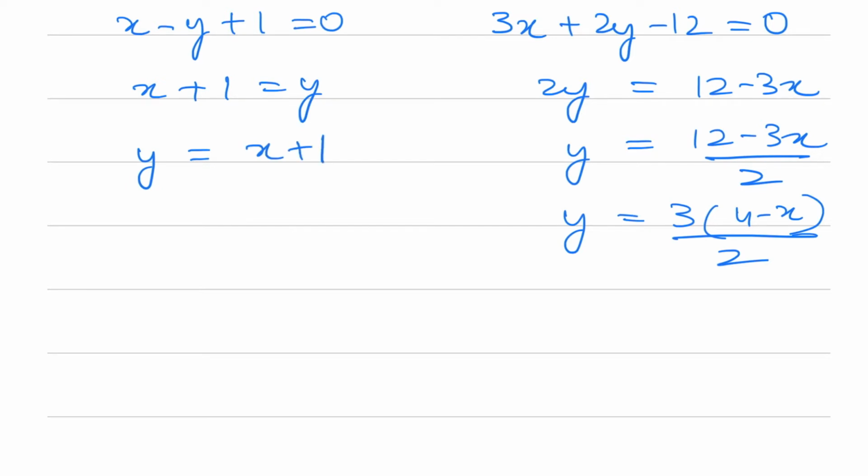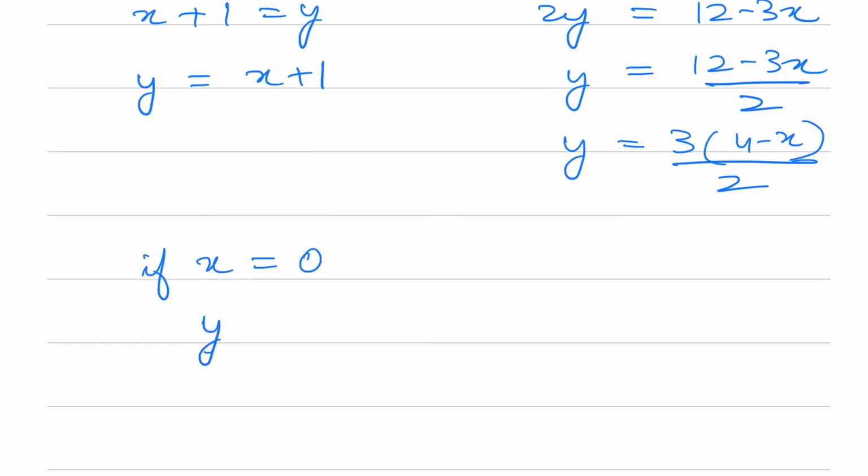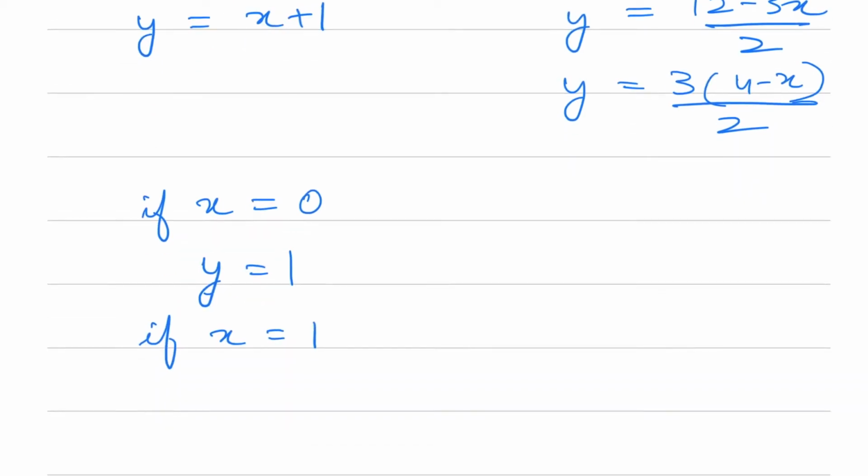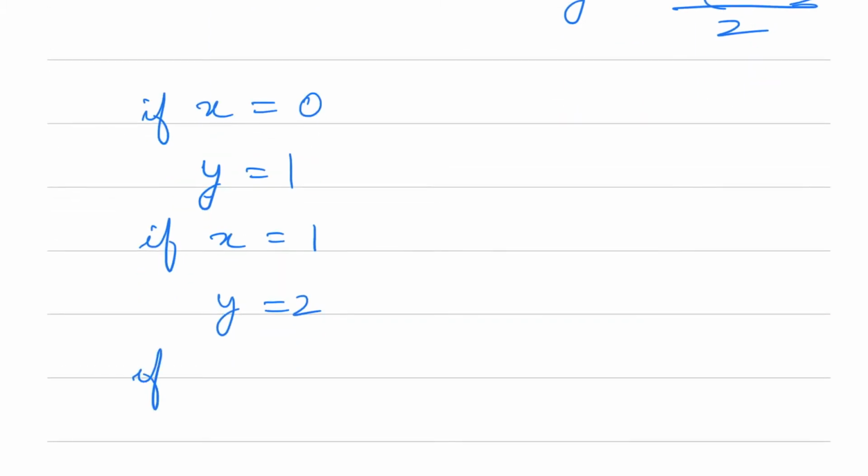Now here, if x is equal to 0, then y is equal to 1. If x is equal to 1, then y is equal to 2. And here, if x is equal to 3, then y is equal to 4. So we have found out 3 coordinates.